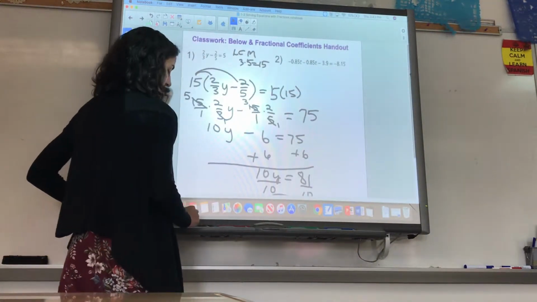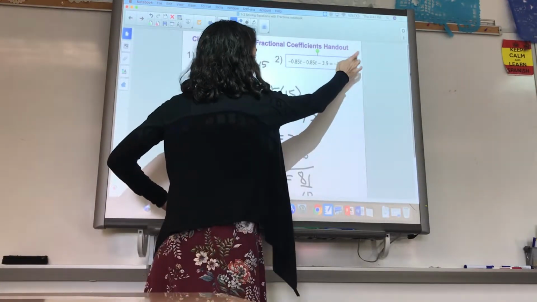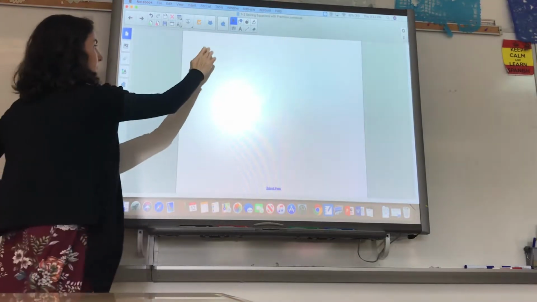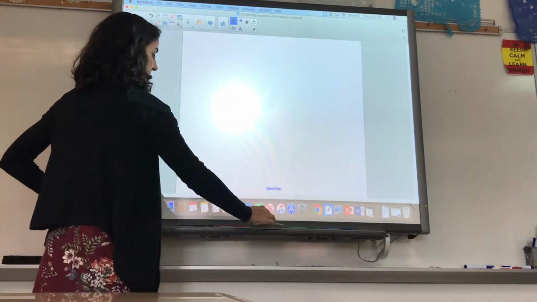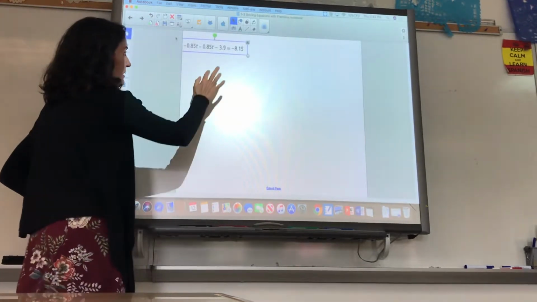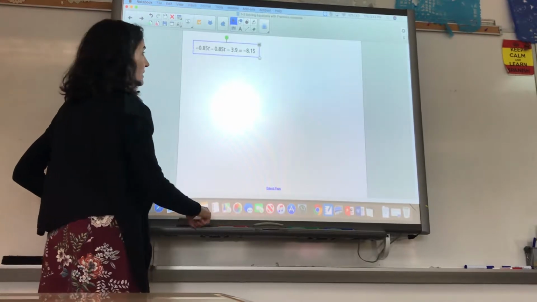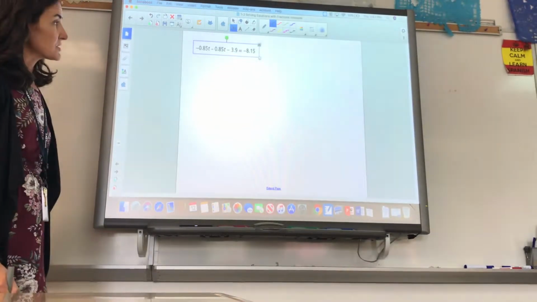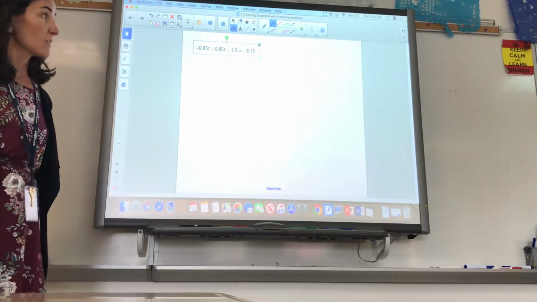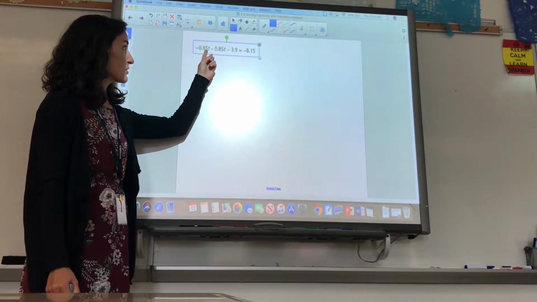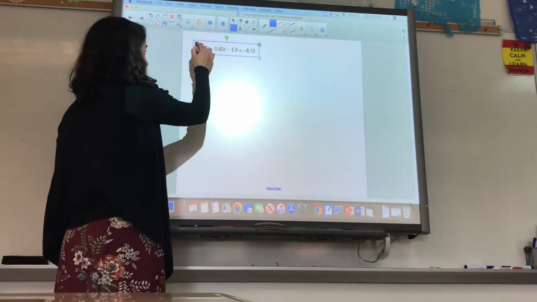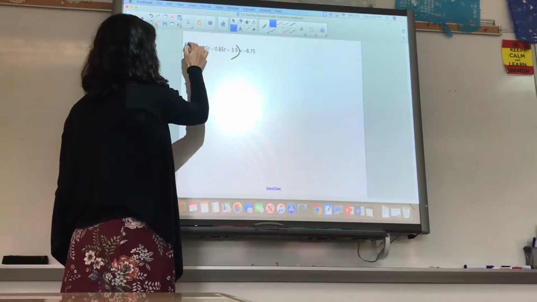All right, so I'm going to move that to another page. Okay, so negative 0.85t minus 0.85t minus 3.9 equals negative 8.15. As you notice, all of these have values out to the hundredths place, so I am going to choose to multiply both sides by 100.